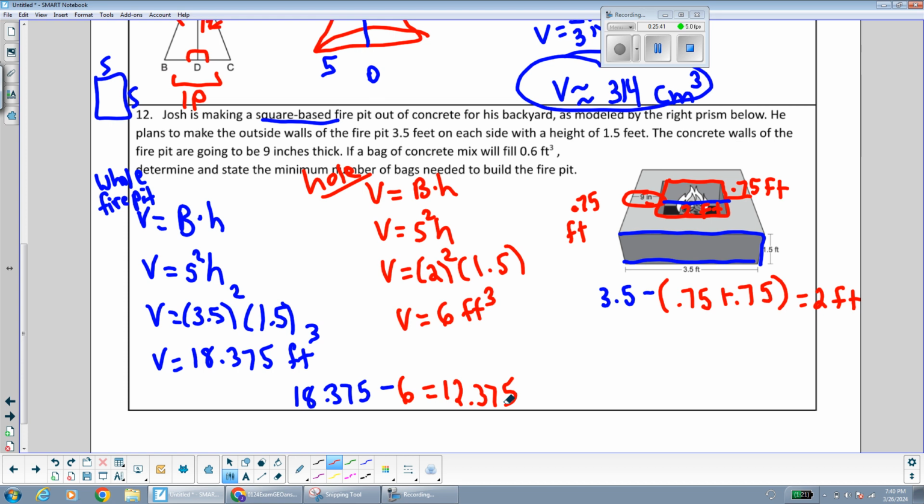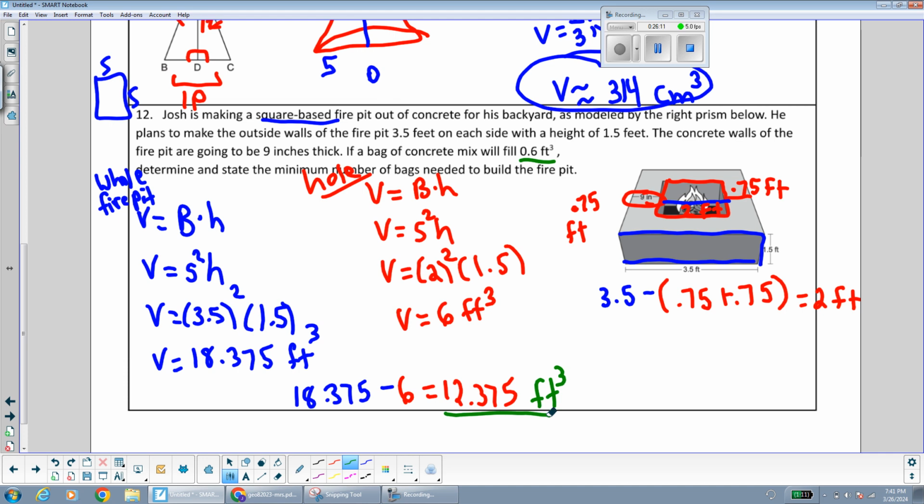And then from here, in the question, you are given the density. We are told that a bag of concrete mix will fill 0.6 cubic feet. So we have 12.375 cubic feet that need to be concreted.